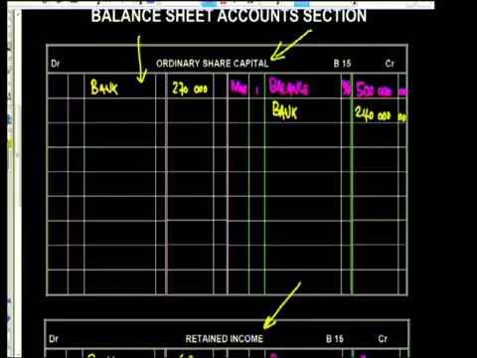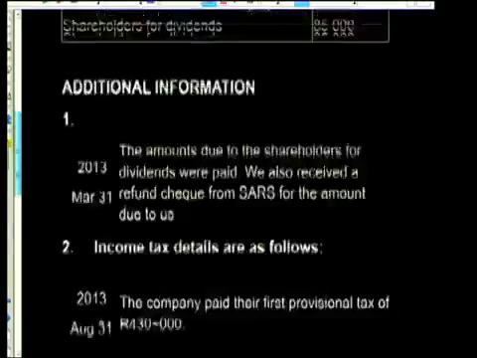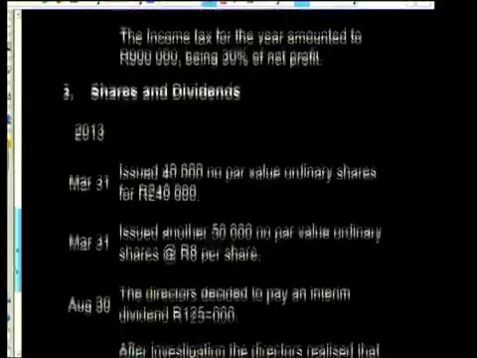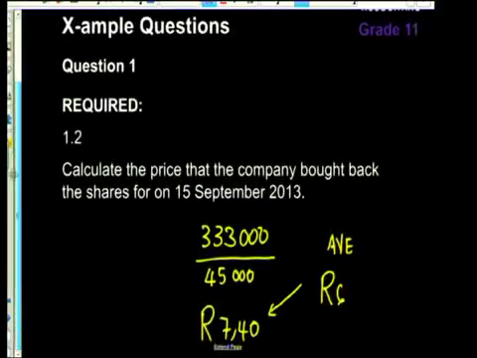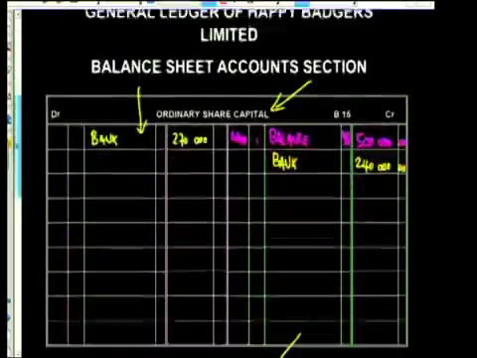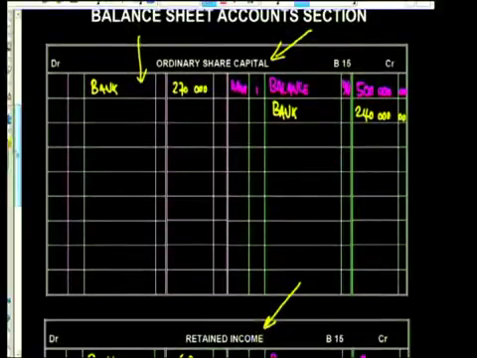Okay, then I sold further shares. Let me identify those. We issued another 50,000 shares at 8 Rand. Remember, the value was 400,000. Therefore, 400,000 was the second issue of shares that we had.